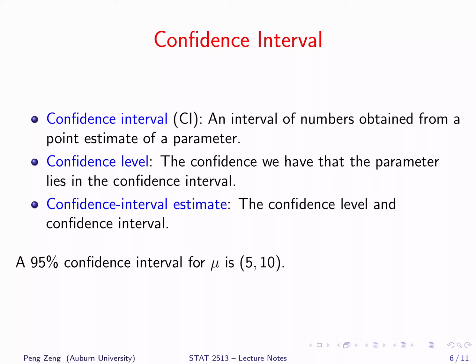When talking about a confidence interval, there is always a quantity called confidence level. This number specifies the confidence we have that the parameter lies in the confidence interval. The confidence level is usually expressed as a percentage, for example 95%. When we say confidence interval estimate, we mean confidence level and confidence interval. Usually, we need to find a confidence interval for a given confidence level.